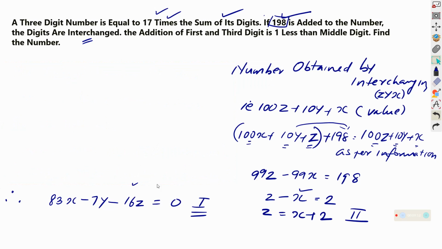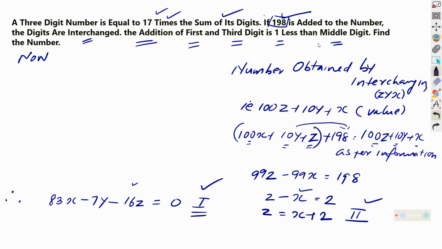Now the question is to find the number. One more condition is given that we have to apply here. We got an expression for z, we can derive x from that, and we also got an equation at the beginning. Now we will think about the third condition given: the addition of first and third digit is 1 less than the middle digit.